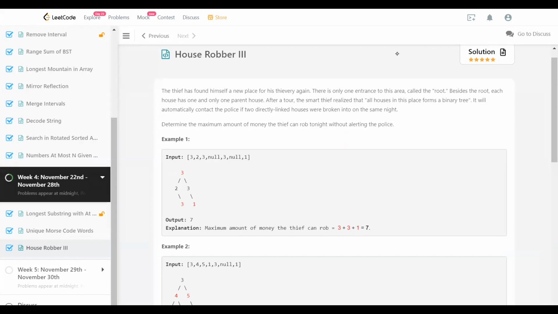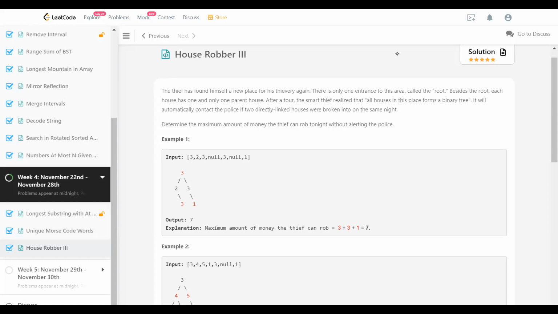Right? So there are actually two other problems before this called House Robber and House Robber II. The premise of all these problems is that among these bunch of houses, the house robber obviously wants to rob as much money as possible, and each house has some money stashed in there, and the robber knows about that part, right?